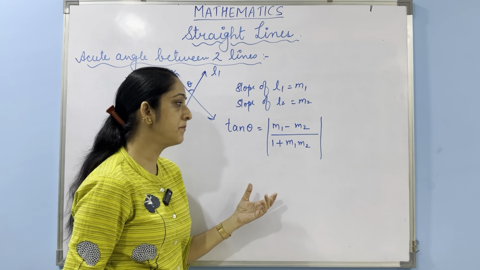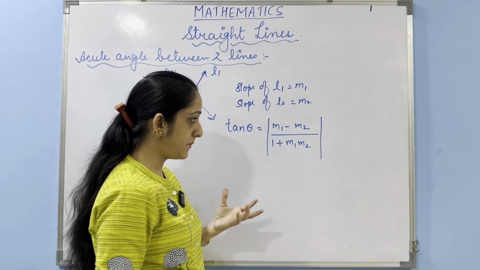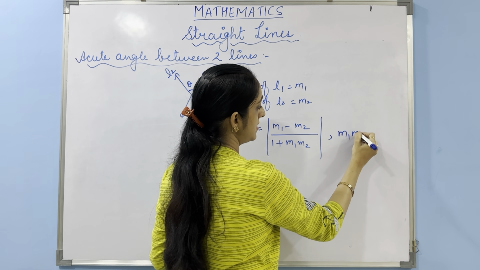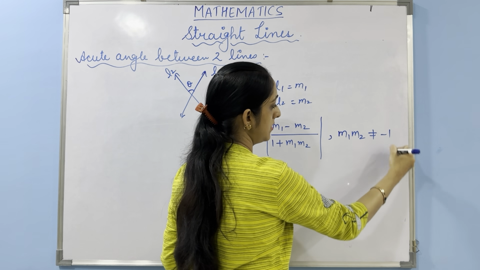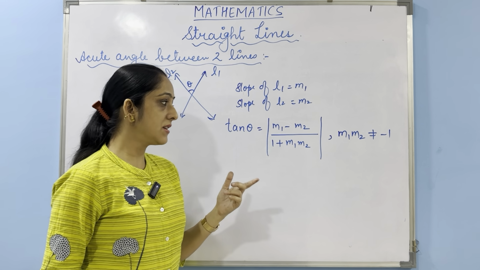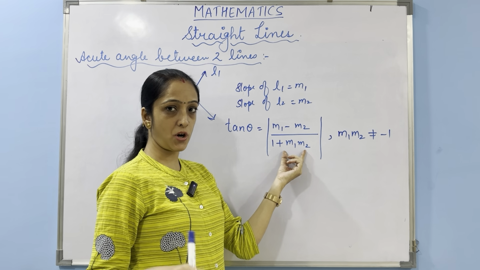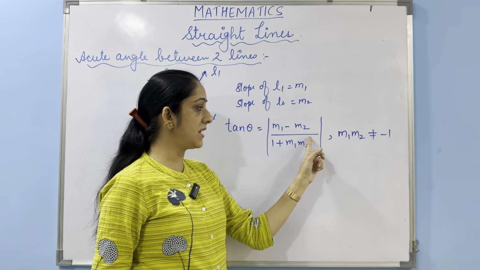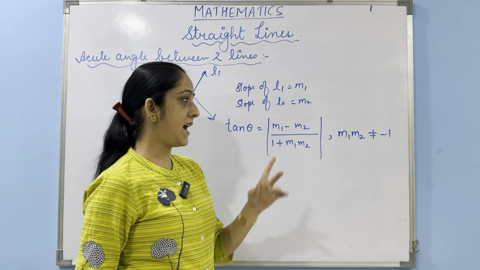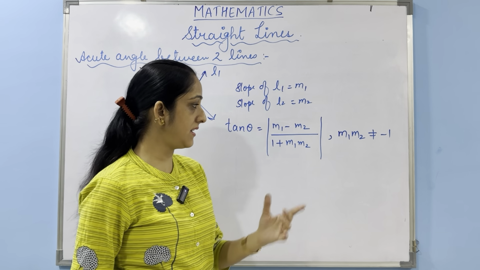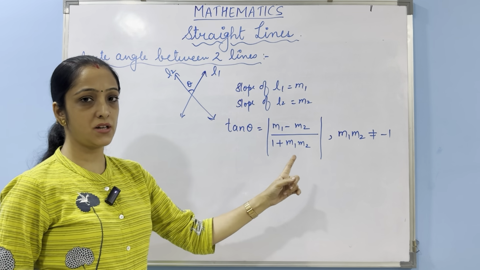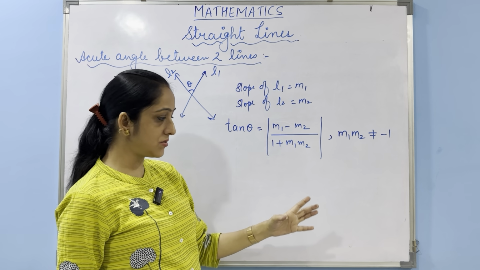This is the formula, and this formula is applicable only when m1 into m2 is not equal to minus 1. Because if m1 into m2, that is product of slopes, is minus 1, then this denominator will become 0. And anything upon 0 is not defined. That is why this condition is required. Now, this is the formula to find acute angle between two lines.